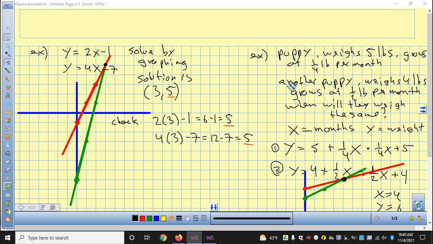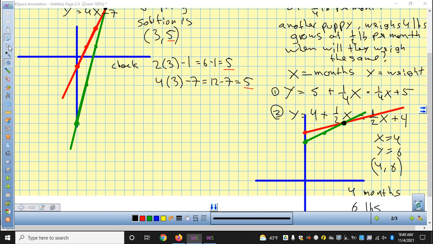So on this first graph, when our system of equations has a solution, we say the system is consistent. And that would be true for this first system. This system is consistent because it has a solution. When a system has a solution, we call it consistent.